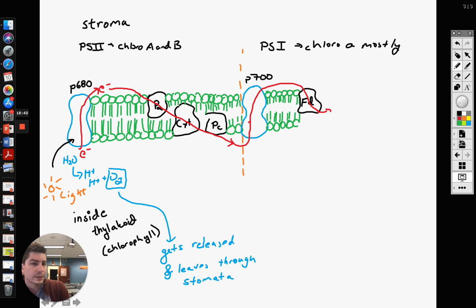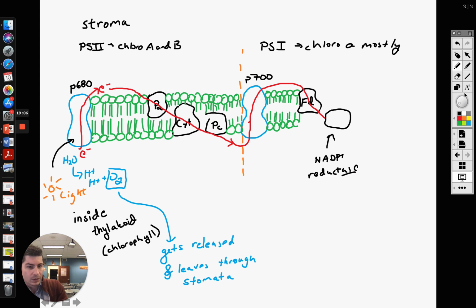I'm sorry, not yet. We've got to draw the enzyme here. So our cytochrome is going to get rid of it. We are then going to have an enzyme right here. This enzyme is called NADP reductase, an -ase enzyme.